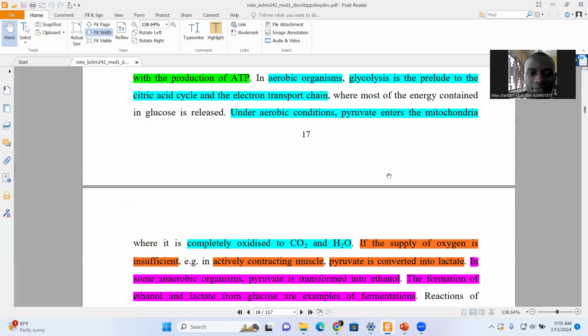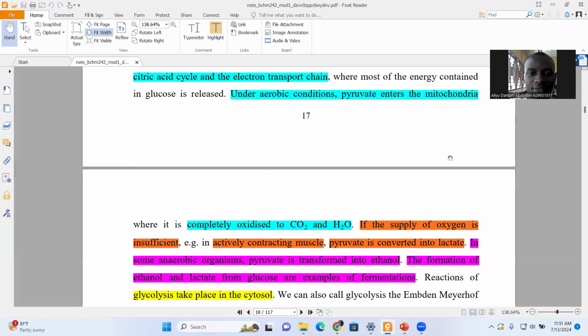So if you read this, you realize that under aerobic conditions, pyruvate enters the mitochondria. Of course, you are familiar with the mitochondria, right? As nurses, you do anatomy, physiology courses, so you should be familiar with the cell. The mitochondria is called the powerhouse of the cell.